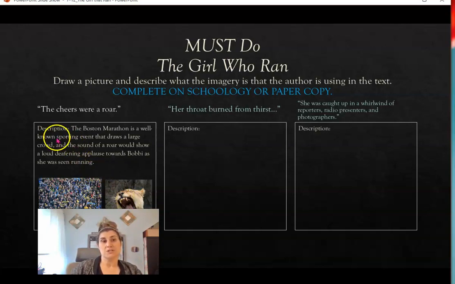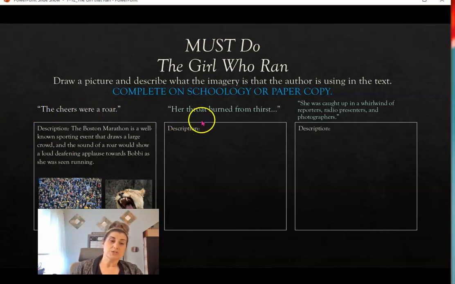And my description is that the Boston Marathon is a well-known sporting event that draws a large crowd. And the sound of a roar would show a loud, deafening applause towards Bobby as she was seen running. So that is my inference based on the context of the information provided from the text.